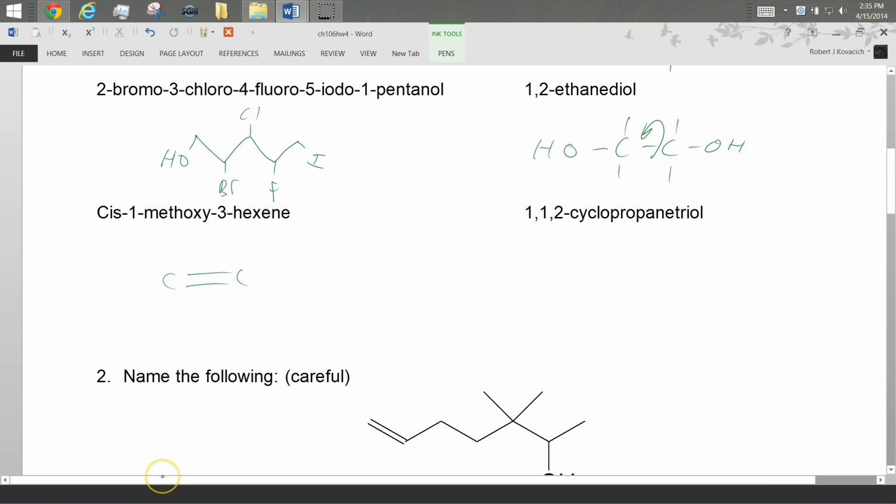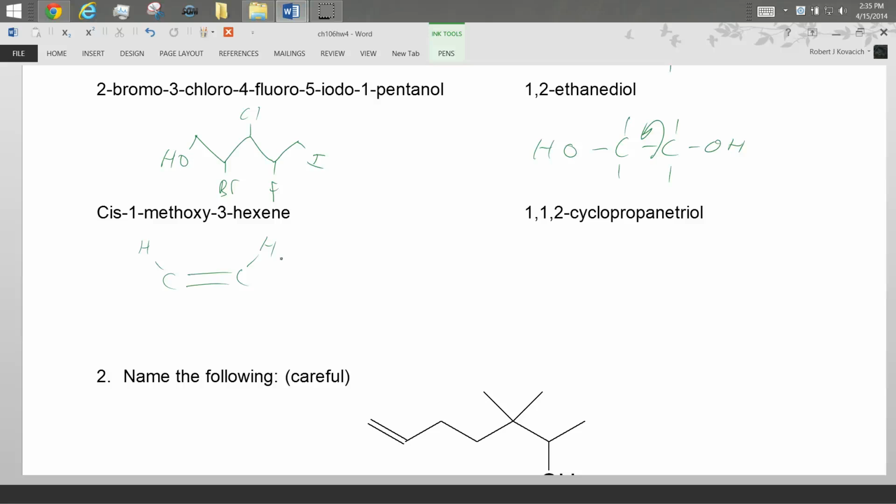No, because that would mean that there'd be methoxys on both sides. Am I okay with that? Oh, that's right, cis. Oh, I remember now. So right now, I've got a double bond, and I've got a couple of things cis to it, right?